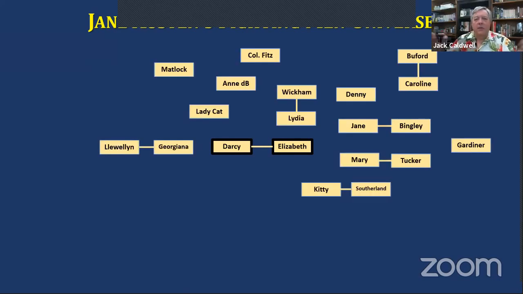So these are the characters I pulled out of Jane Austen's universe from Pride and Prejudice. And so you'll see a lot of them. You'll have Wickham and Lydia are married. And of course, Darcy and Elizabeth. You also have some of my original characters, like my Dark Darcy, which is Sir John Beaufort.